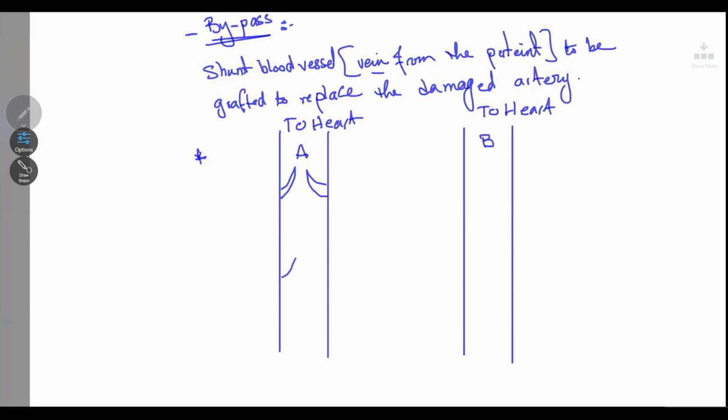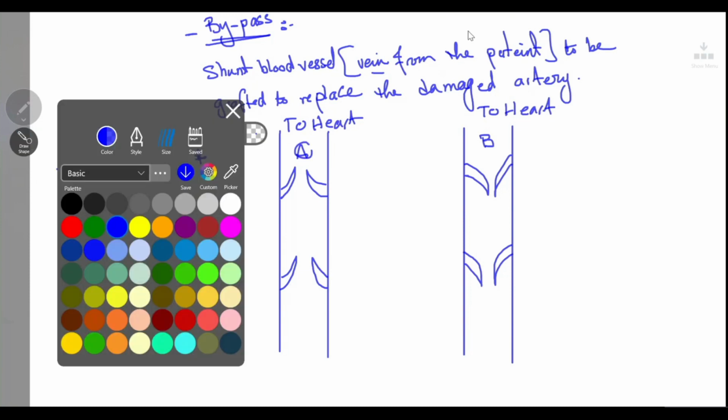This is the semilunar valve that is present in the veins. No need for them to be in the arteries. And here, the flaps, or the semilunar valves, are pointed downwards. So if the surgeon chooses A, then it will be a successful operation. Why?